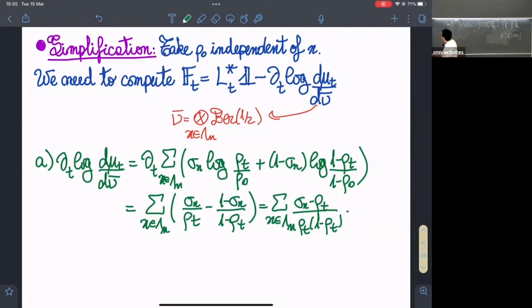Okay, so for me it is Bernoulli 1/2. And in fact, I think I did the computations with Bernoulli rho_0. Maybe your suggestion is better than 1/2. Well, as I told you, it doesn't really matter.